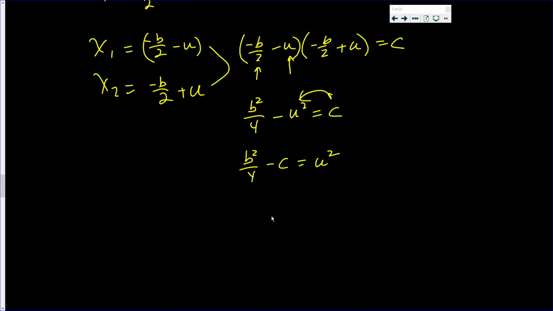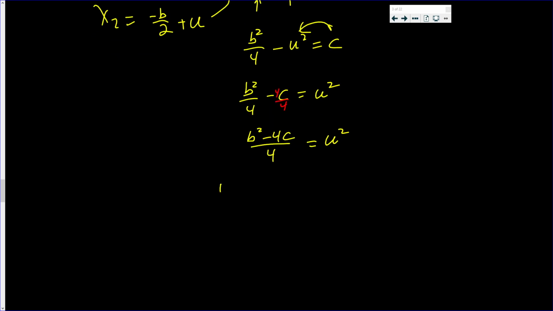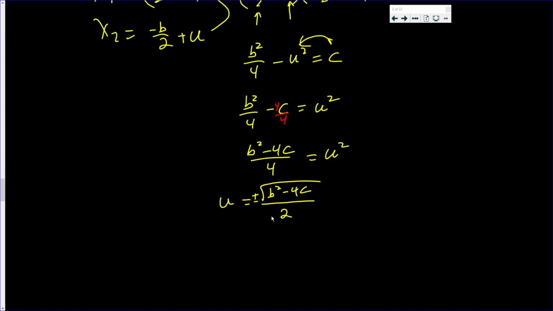I will multiply the c by 4 over 4, so now both fractions have the same denominator. So I know that b squared minus 4c over 4 is u squared. So then u will be the square root of this, actually plus or minus, divided by the square root of 4, which we know.